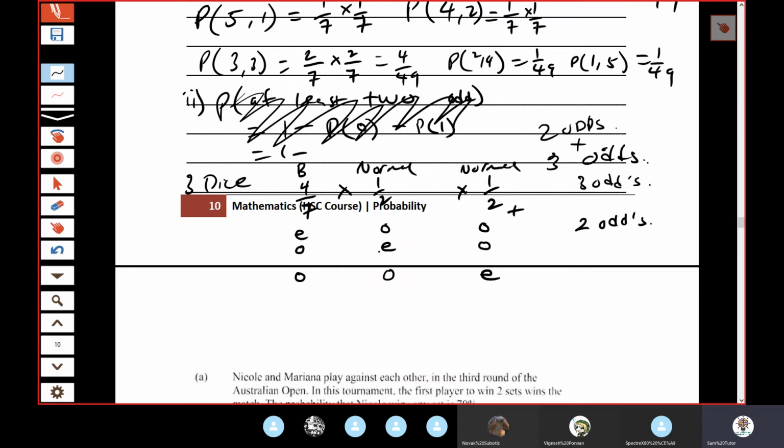So the first case for even would be 3/7 times half times half. Then odd would be 4/7 times half times half. And then this one should be 4/7 times half times half. If I'm not wrong, we plug all that into our calculator and we should get the answer we're looking for. While I do that, anyone have any questions?